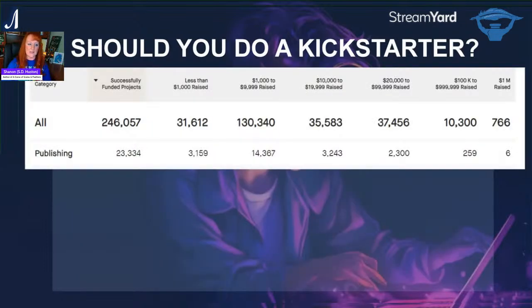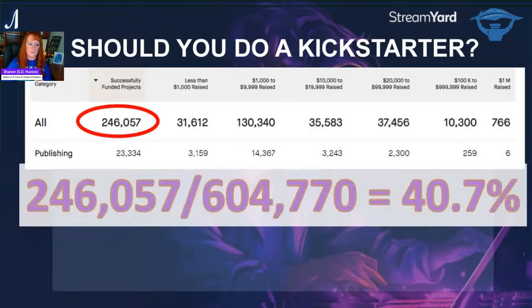Now, this is broken down a little bit more here. If you see successfully funded projects, they've done over 604,000 projects that have launched, but of those, only 246,000 plus have been successful. That is a success rate of 40.7%. And this is all from Kickstarter's website. They have a stats page. They have another page where they give their stat for their success rate, which they say is 40.9%.